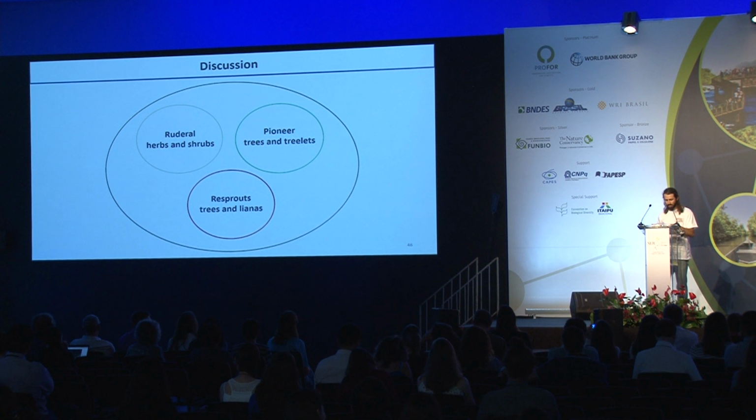In this study, three groups of regenerants composed the forest recovery process: ruderal herbs and shrubs, from the seed bank; pioneer trees and treelets, from seed rain; and resprouting trees and lianas.